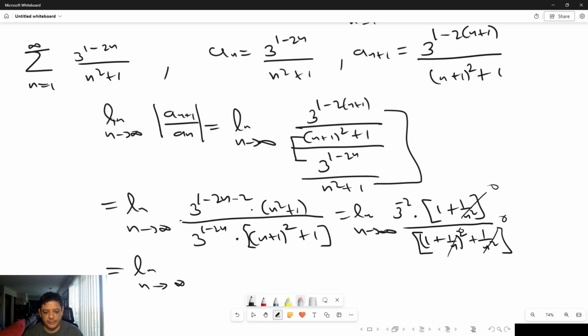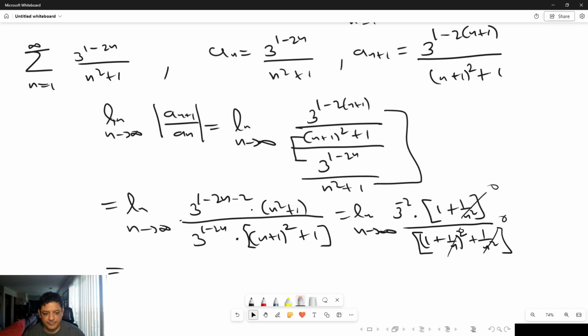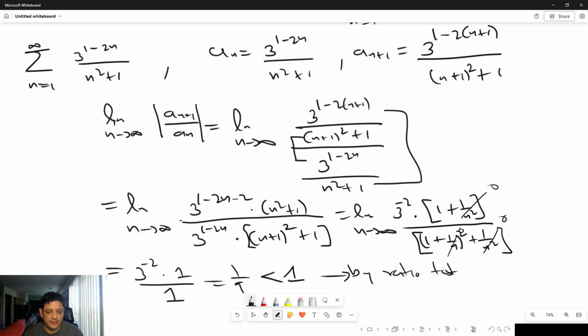So overall, this is going to go just to 3 to the minus 2 times 1 over 1. So this is 3 to the minus 2, which is 1 over 9. This is less than 1. And so that implies that by ratio test, the series converges.